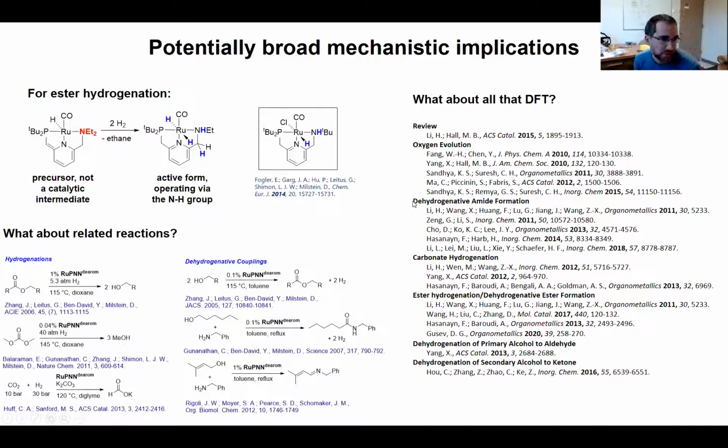So I just want to kind of bring you back at the end to all of this DFT work that showed all of this work was using a complex like this as a key catalytic intermediate, or the dihydride form. And our experimental work shows that those complexes are not active, at least in ester hydrogenation. So I think it's worth kind of a second look at whether a lower overall barrier might be possible if an NH is included in that work.